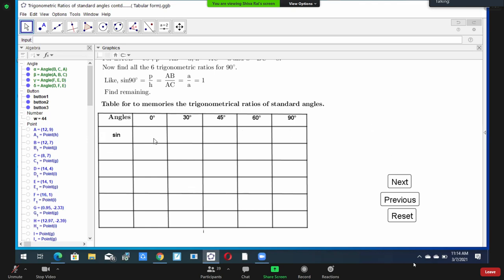Sine 0 degree is 0, sine 30 degree, already you know, half, sine 45 degree, 1 by root 2, sine 60 degree, root 3 by 2, sine 90 degree, 1. If you remember this much, from this much we get other.